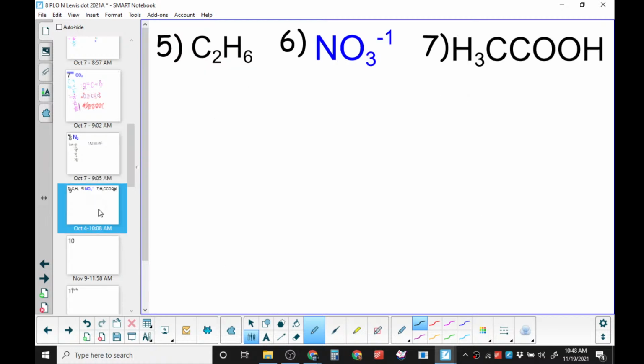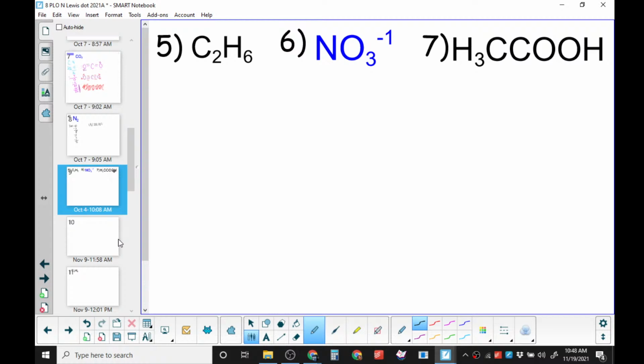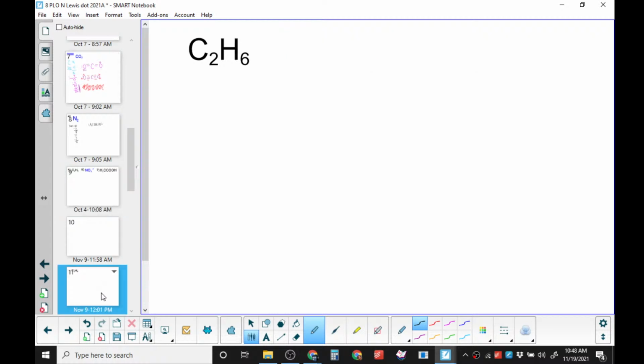Next one, we did C2H6 NO3 minus 1. So let's start off with C2H6. Now this one's a little funky because you either have to adapt and do it the other way, just looking at it and doing the individual ones, or you accept that there are 2 central atoms.